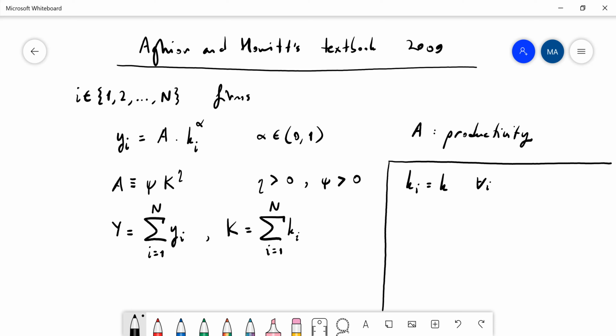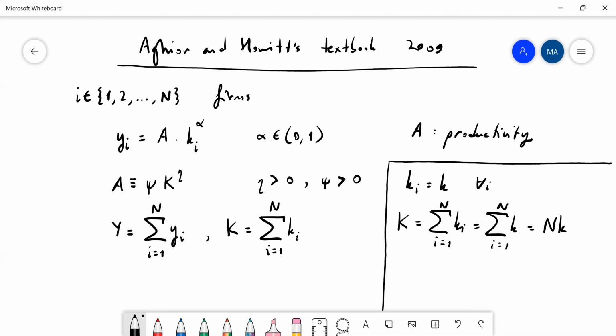So then what happens? Well, if total capital stock is the summation of all this, right? And if they're identical, what do we have? Well, we have total capital stock being equal to N times K, right? So K here now is, of course, the firm level capital stock, and big K is aggregate capital stock.